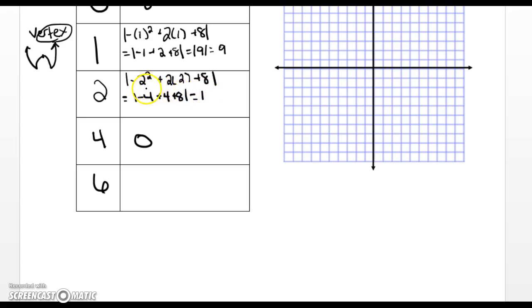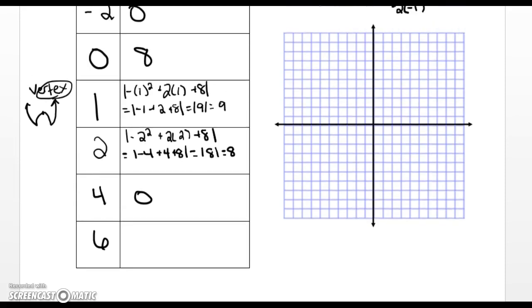So we have the absolute value of -4 plus 4 is 0, plus 8 will be the absolute value of 8. And then we get just positive 8 as our answer. And so remember, as I said here, if we did our work right, this should be the same y value as the opposite value, or the one across from our vertex. So here we have 0 and 8, we have 2 and 8. So this is a really good indication that we're doing our work right so far.